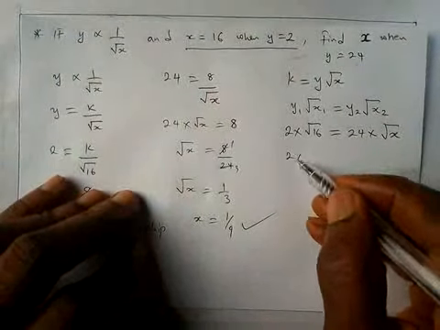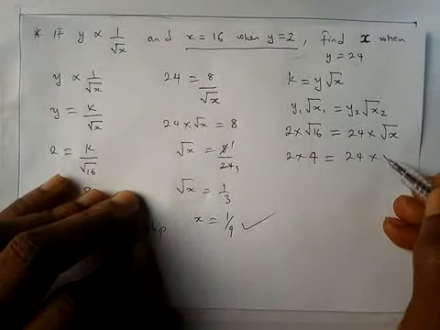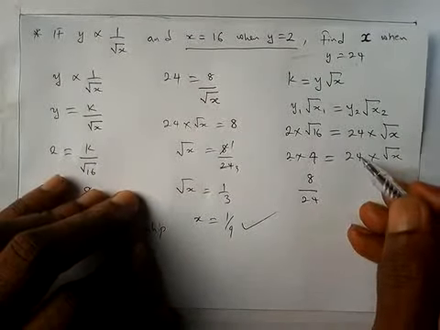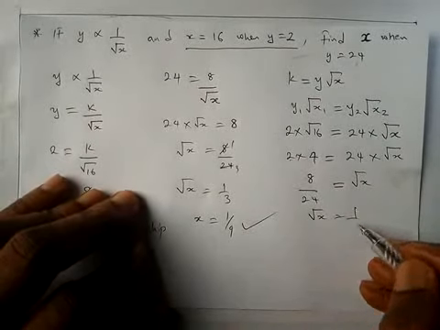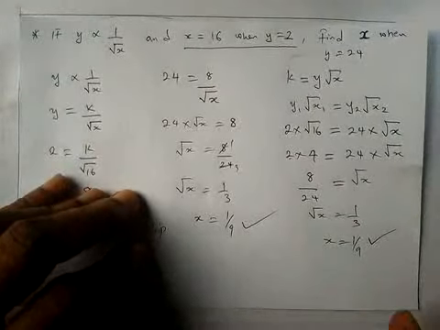Okay, so this is 2 times 4, which is 8, is equal to 24 times root x. 8 divided by 24 is equal to root x. So root x is equal to 1 over 3. And of course, x is equal to 1 over 9. Same thing.